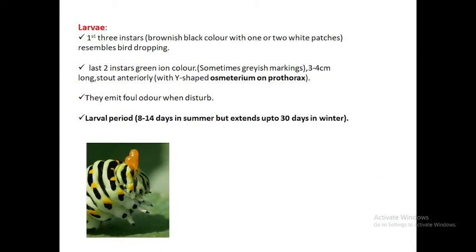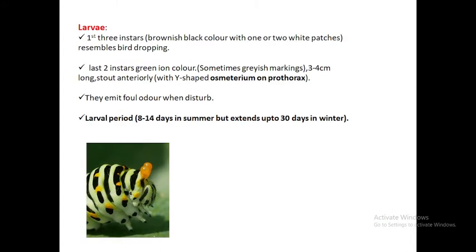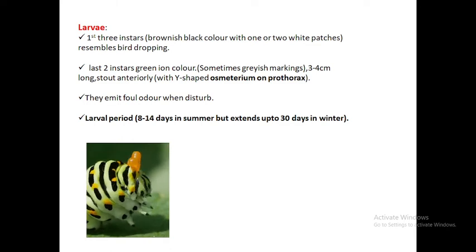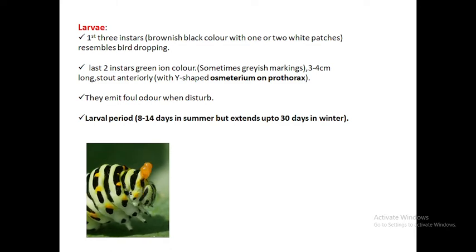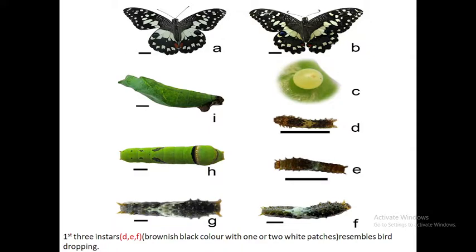Once the larva hatches, it will pass through five different instar stages. The first four instar stages are slightly brownish in color with whitish patches on their body. So these are the larval stages: first instar, second instar, third instar, fourth instar, and this fifth one.